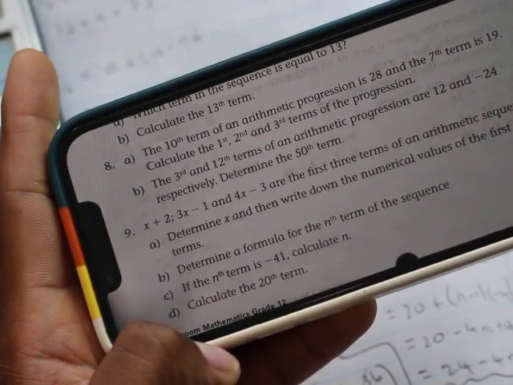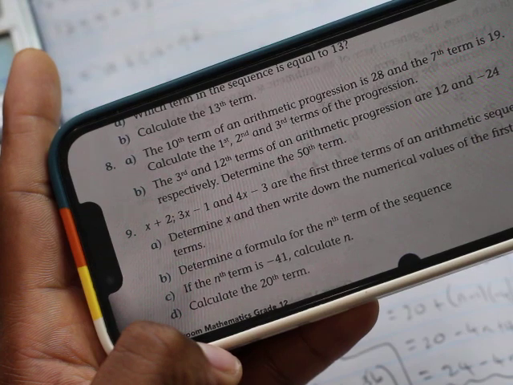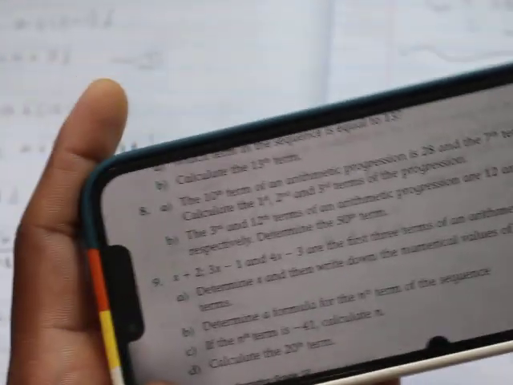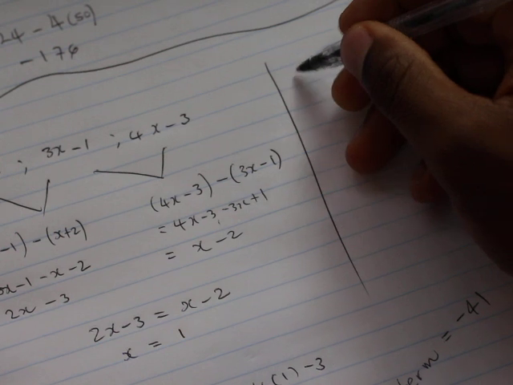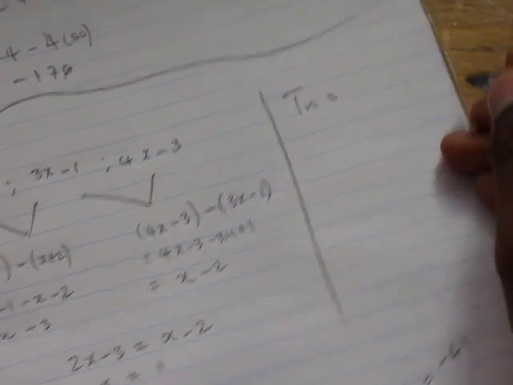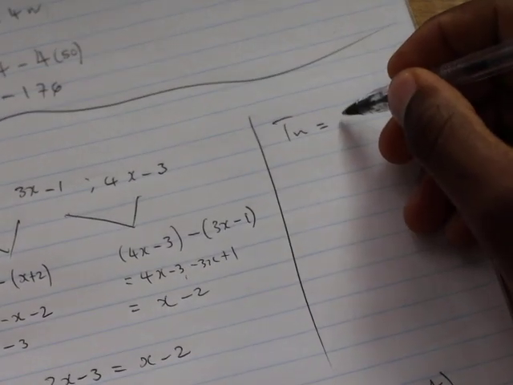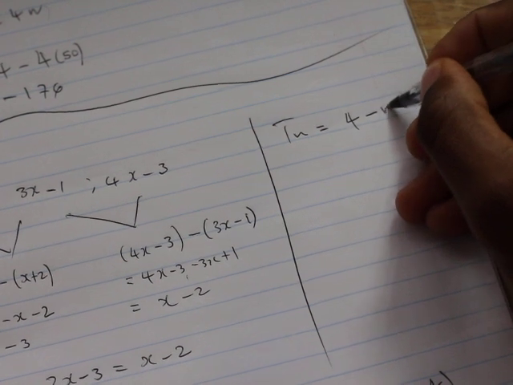Okay? Now, last question. Calculate the 20th term. Easy, isn't it? 20th term, we're simply going to say, okay, what's our Tn? Let's start there. Tn is given by 4 minus n.